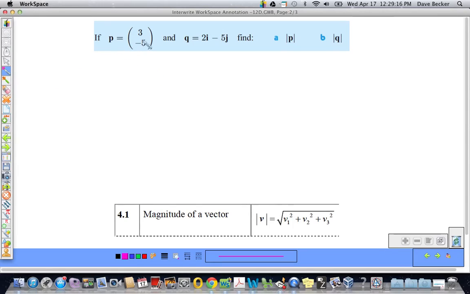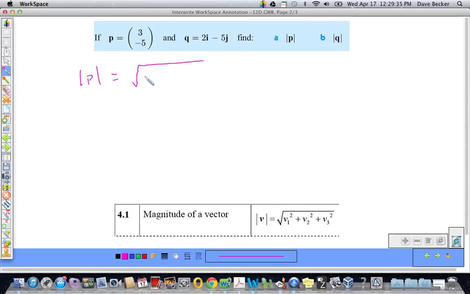If p equals 3, negative 5 and q equals 2i minus 5j, find the magnitude of p and the magnitude of q. So the magnitude of p, using my formula here, equals, well, first I've got to do the square root.